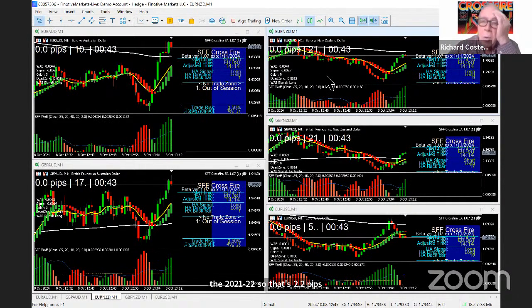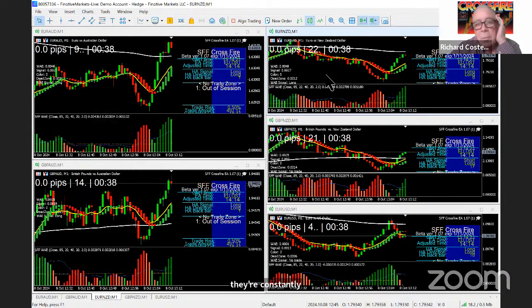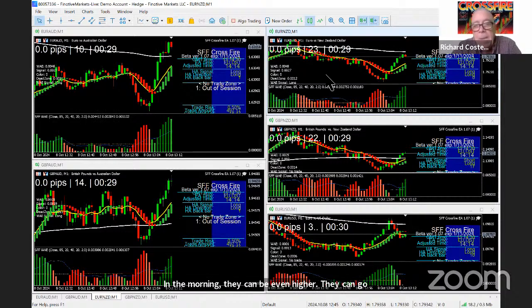They generally stay round about 21, 22, 23. In the morning, they can be even higher. They can go up as high as 3 pips.